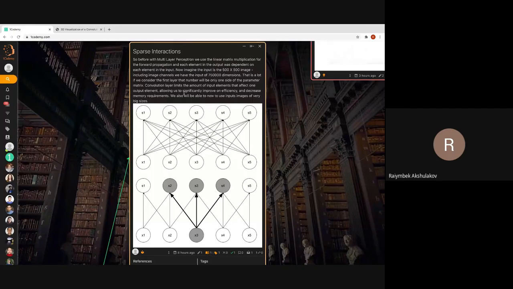Now imagine for image detection, we have for example a 500 by 500 pixel image, and including the image channels, which is 3, we have an input of 750,000 dimensions. That's a lot, just for the input.